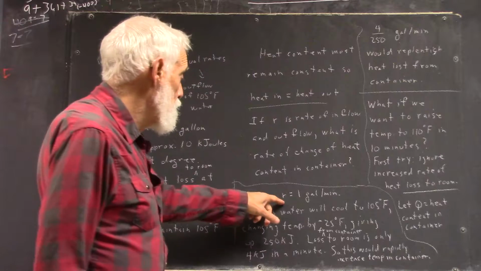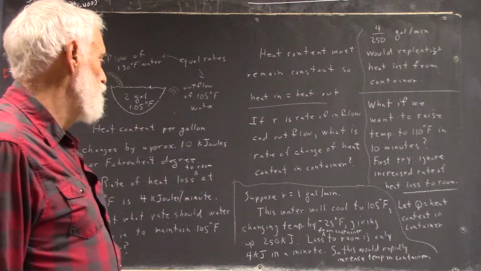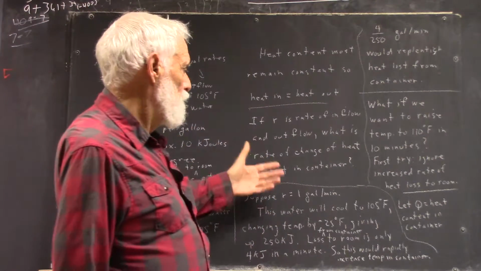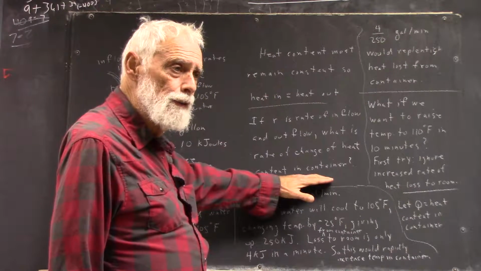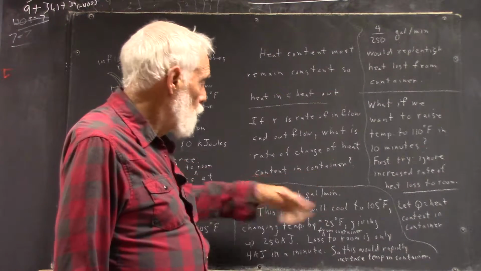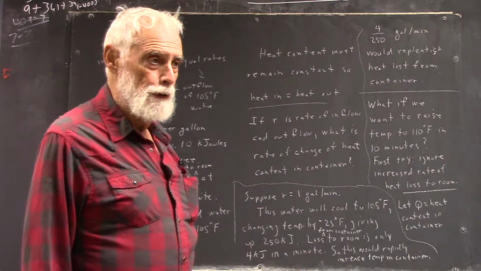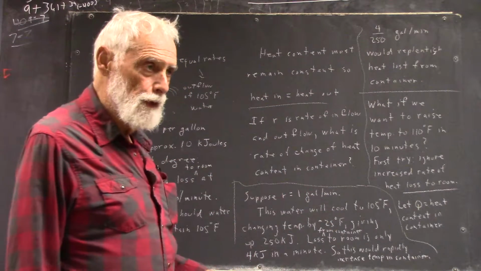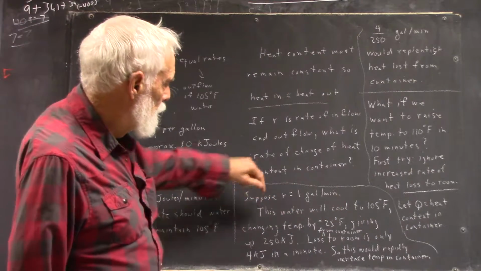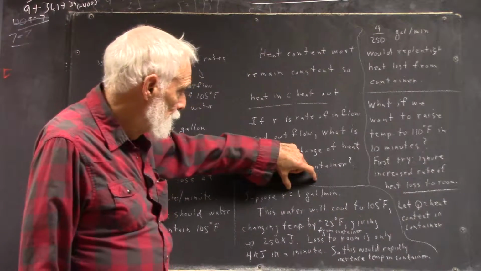Well, suppose first that R is, we're not sure how to symbolize this, okay? So what we do is we just assume some arbitrary inflow rate, a gallon per minute, which turns out to be pretty excessive, but it allows you to begin getting a handle on what's going on here, okay?